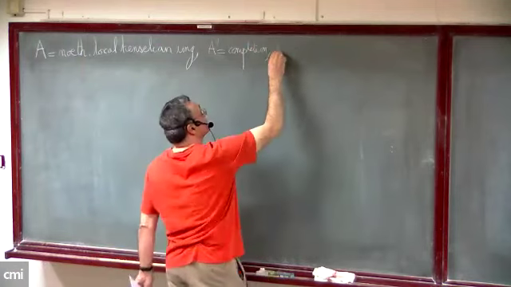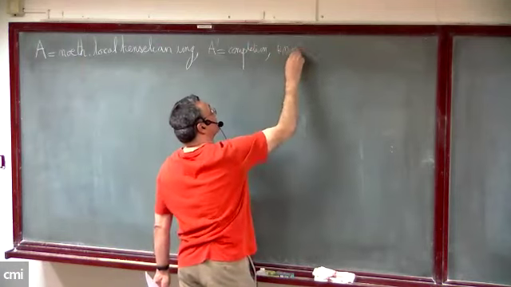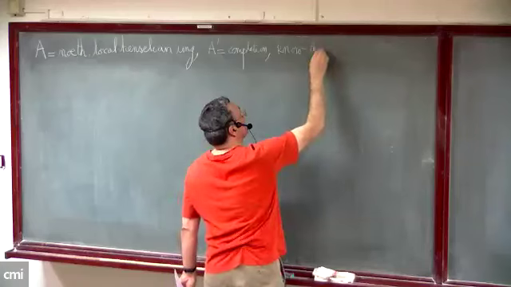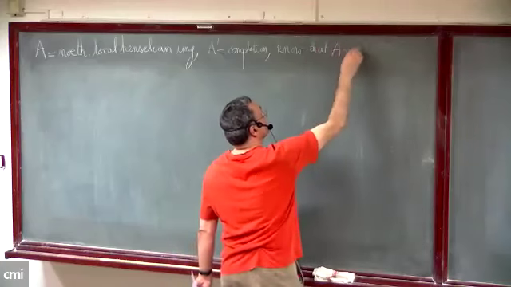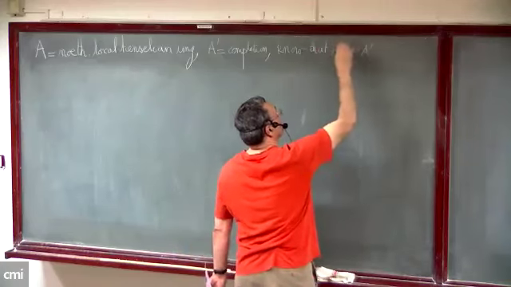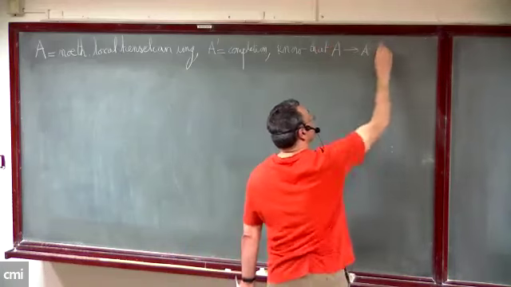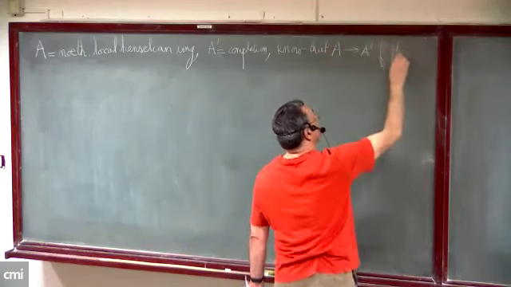So since we are in the Noetherian case, we know that the map from A into its completion is faithfully flat.